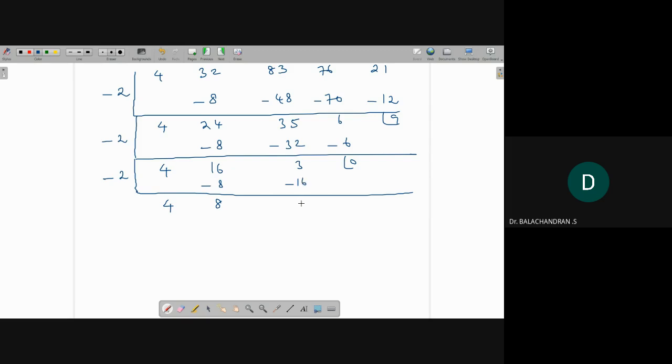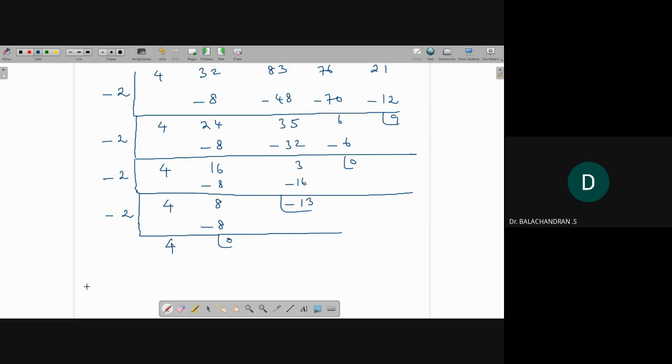So this is minus 13. Constant term, coefficient of x square. Minus 2, 0. Just add 4, minus 8. So this is 0. This is coefficient of x cube. This is coefficient of x power 4.